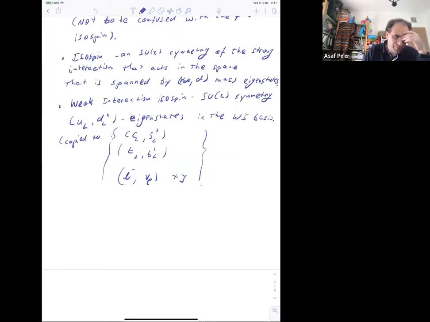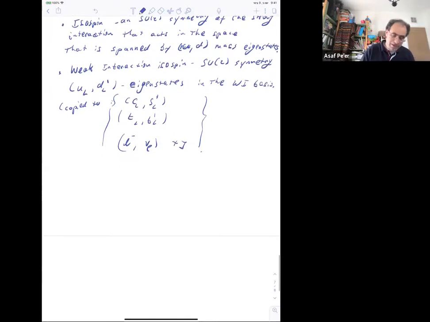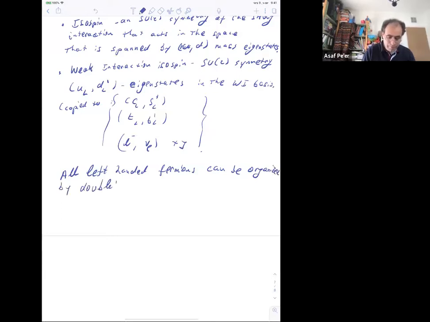All the left-handed fermions are eigenstates of the weak isospin, and they can be organized by doublets, having isospin I of 1/2 and I3 of plus or minus 1/2.